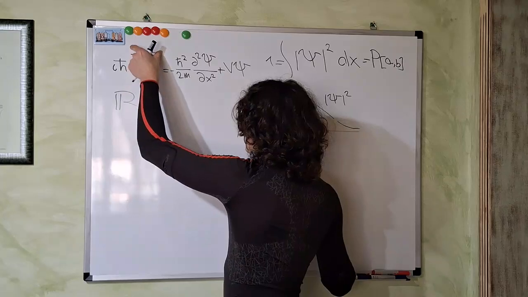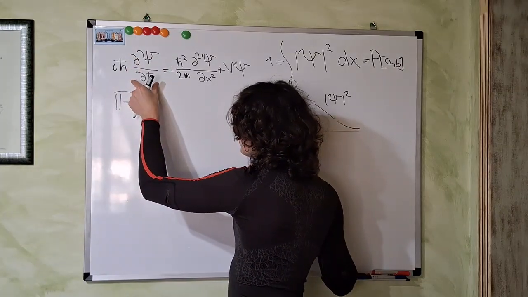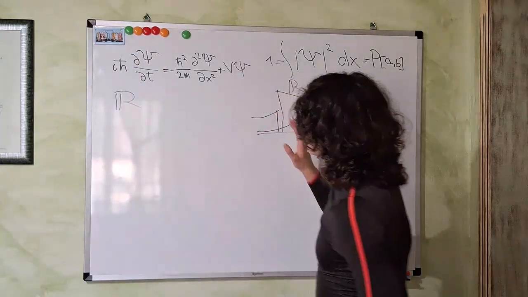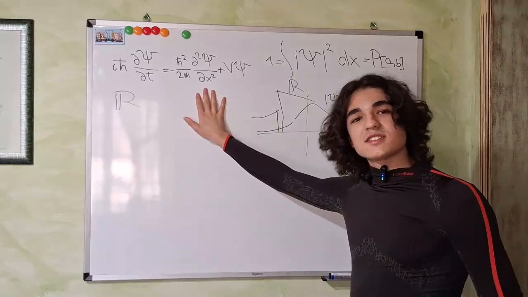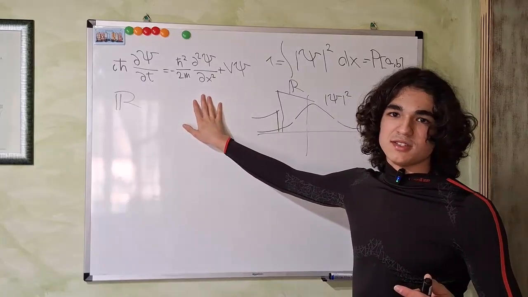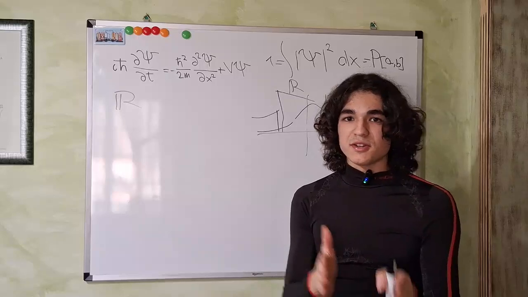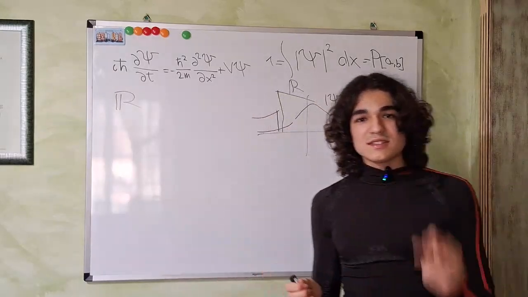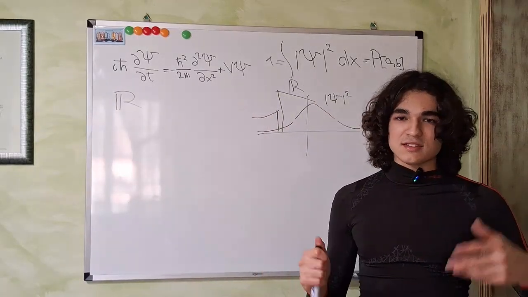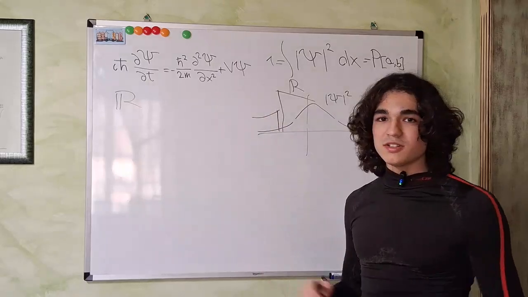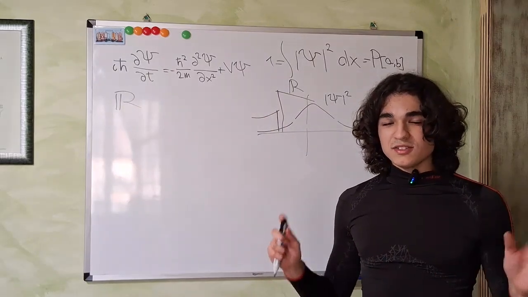So the wave function has to be continuous, and also its first spatial derivative has to be continuous, because here we have a second derivative, the derivative of the first derivative. So the first space derivative of this function has to be continuous.